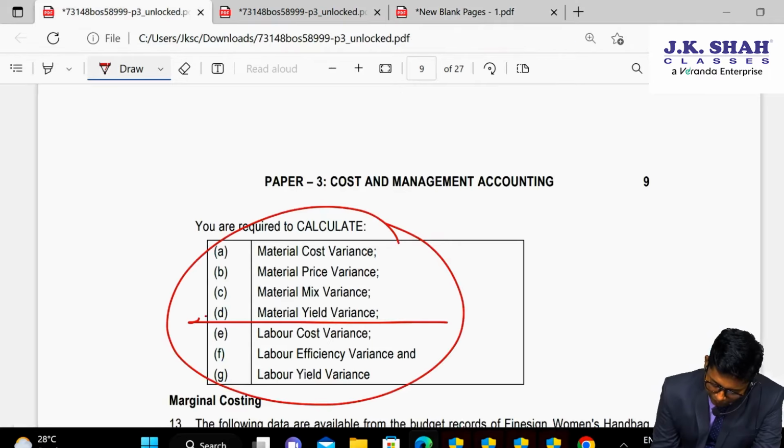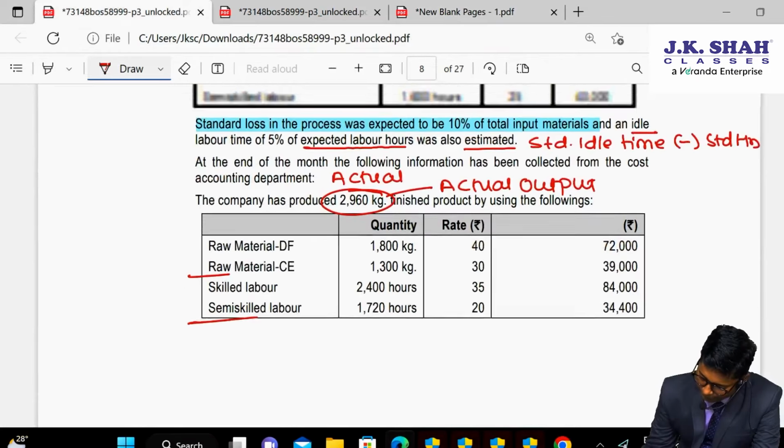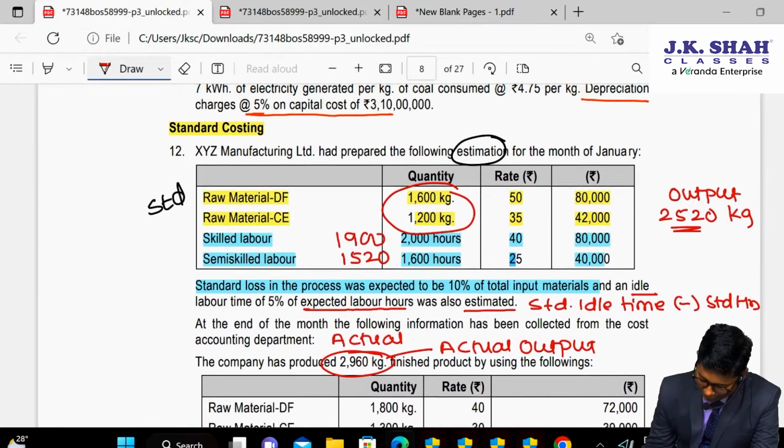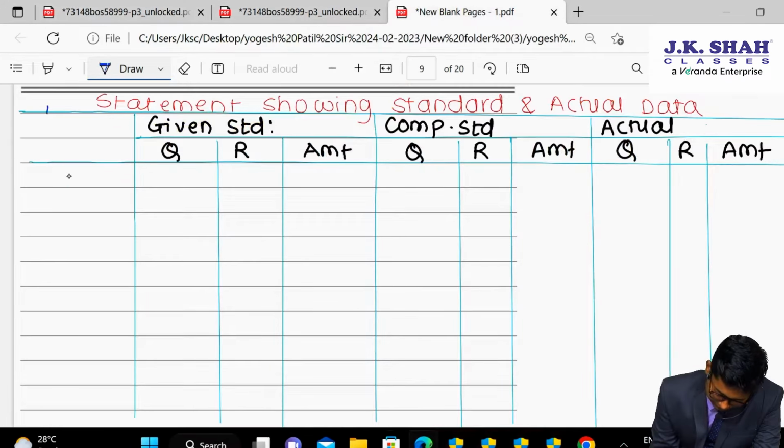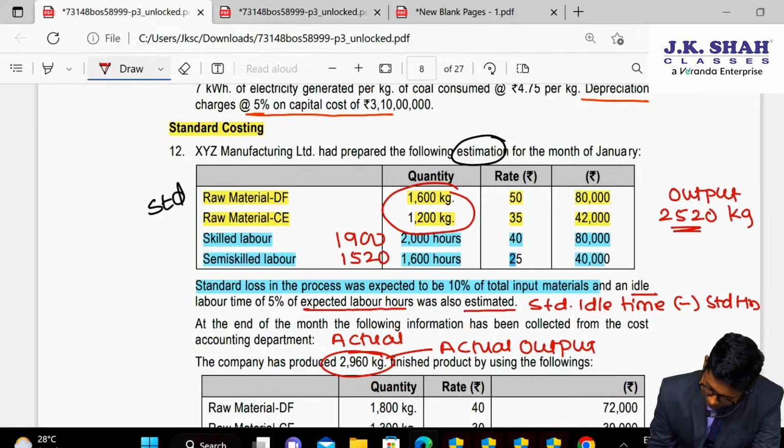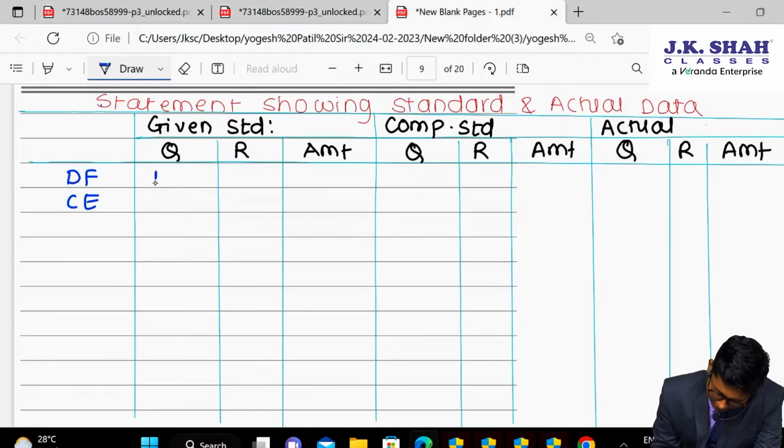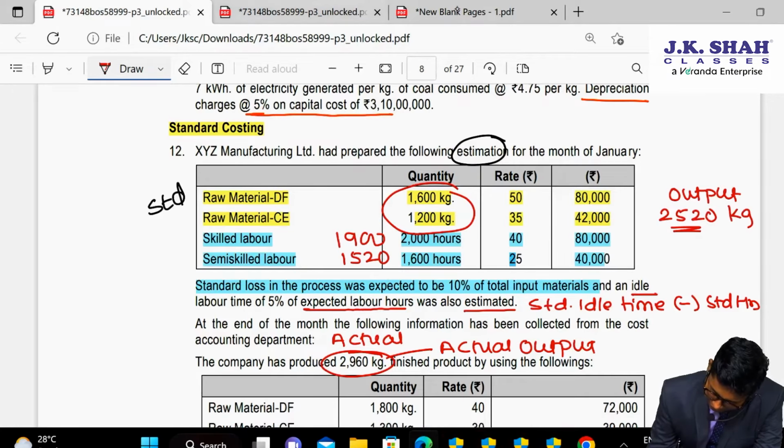We have 2 different materials available. The name of the first material is DF and the second one is CE. The amounts are 1600 and 1200, which is given in the question. Now they are available at different rates, 50 and 35.